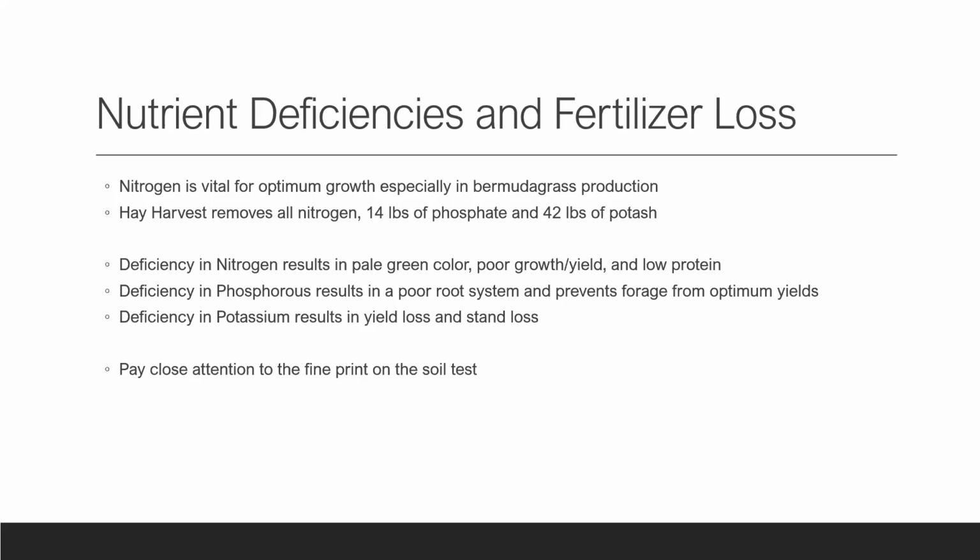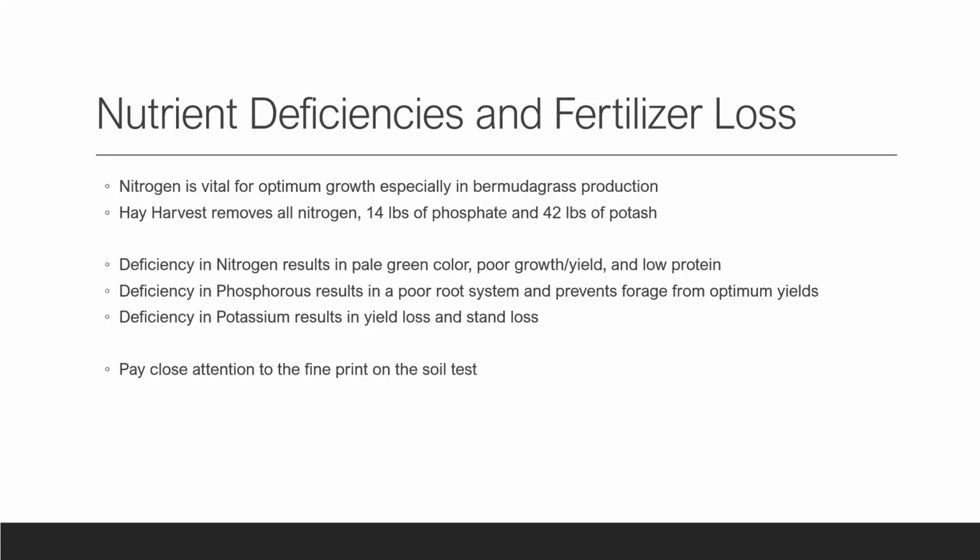And so anytime we're cutting hay on a place, when we remove that first cutting of hay, we're removing all of the nitrogen that's available. We're removing 14 pounds of phosphate, and we're removing 42 pounds of potash from that soil. The only way we get it back in a hay harvest situation is through applying fertilizer.